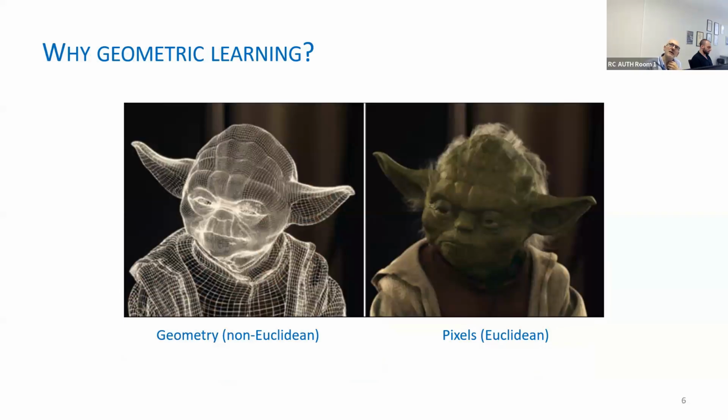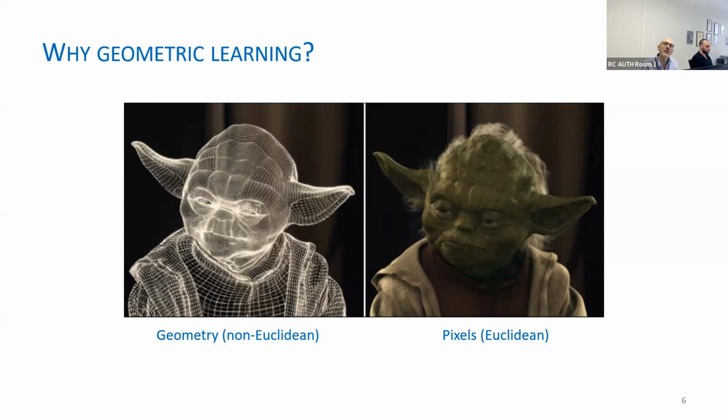What happens instead with geometric learning is that in this case we have a non-Euclidean domain. You see on the left we have a geometry. At least in this case, it can represent the shape, so a 3D object in the 3D domain, but not only, because a graph can represent many other things.